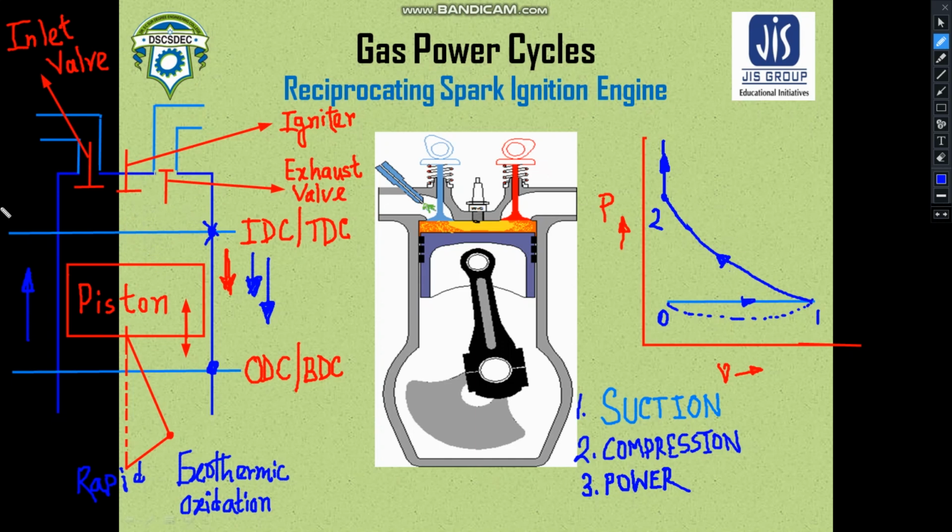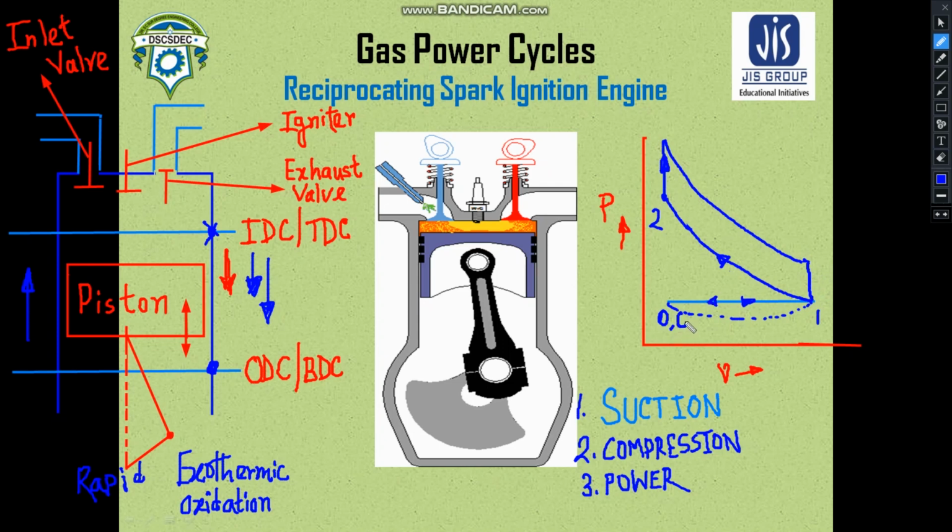So this power stroke is a combination of the combustion as well as the expansion. Okay, so we can draw like this, and again the exhaust is taking place. So you can draw like this.